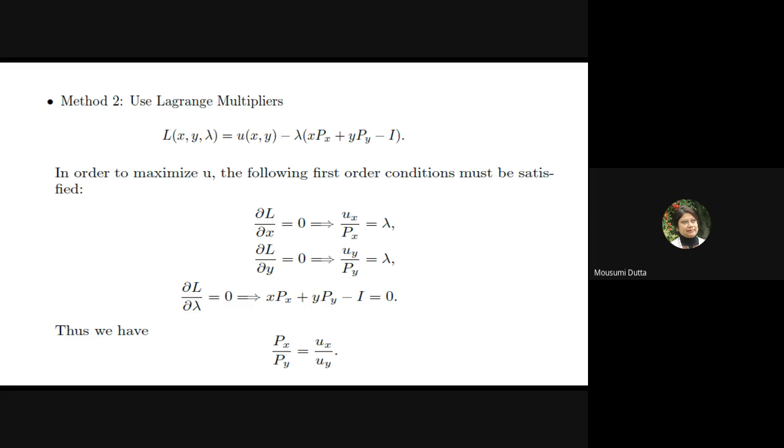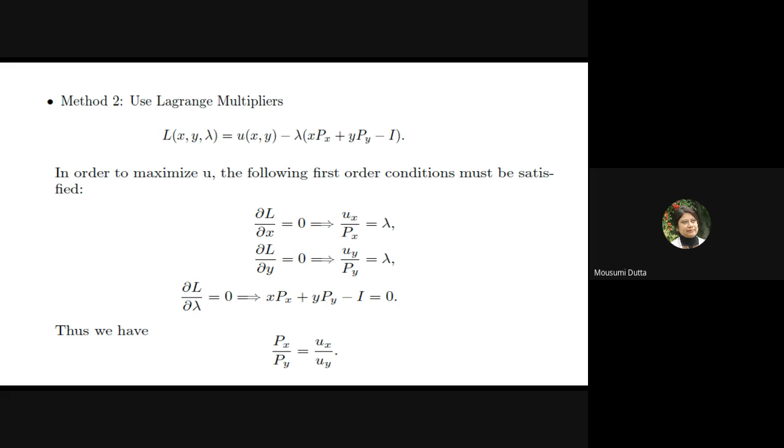I have one utility function and I have one budget line. Lagrange, a famous mathematician, what he did, he joined the budget constraint with the utility function. He is telling that, yes, there are two functions. One is the utility function and another is the income constraint or the budget constraint.